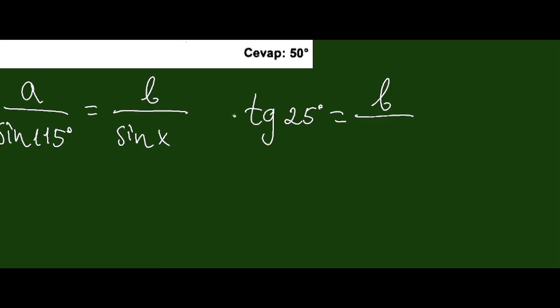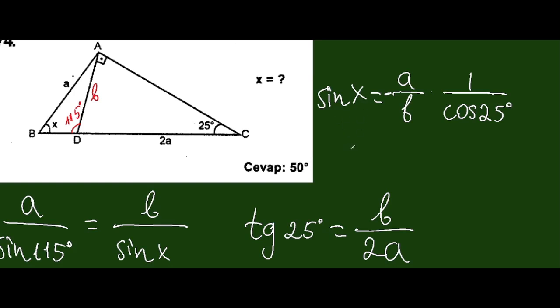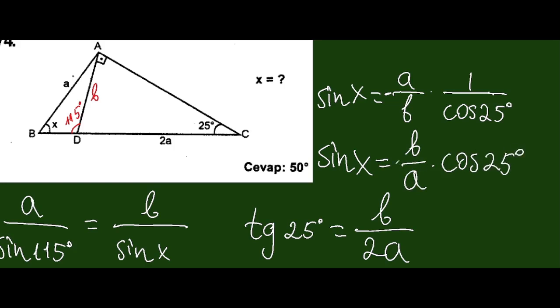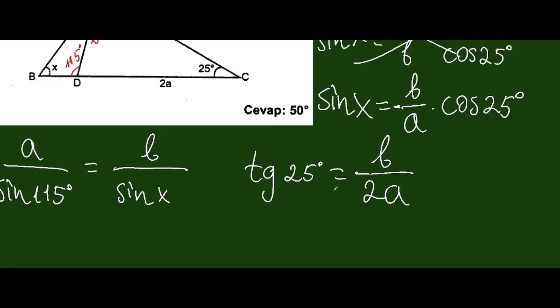Oops. Oh, 2a here. Here 2a, and sine x will not be such a thing. Sine x will be equal to b over 2, b over a times cosine 25 degrees. This is incorrect. Yes, it's now correct.